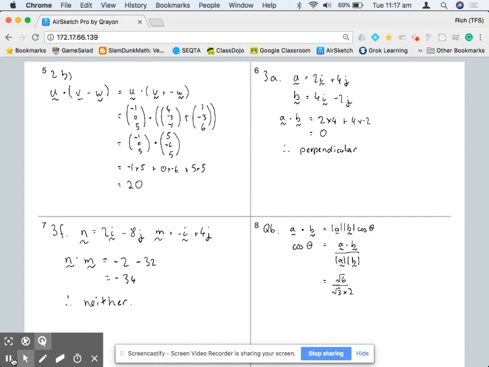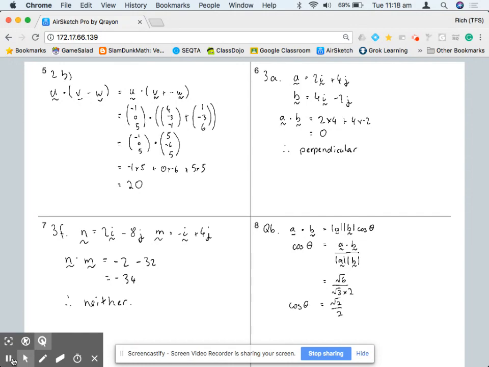So we have root 3 times 2. Do note that's not root of 3 times 2, that's root 3 times 2. Looking at the root 6 over root 3, I can simplify that because they're both square roots: 6 divided by 3 is 2. So I've got root 2 on 2. That's what cos theta equals.